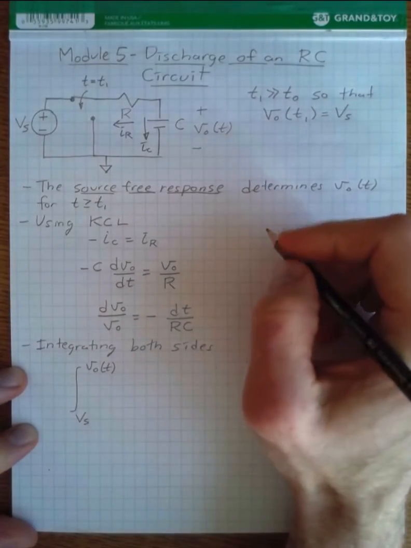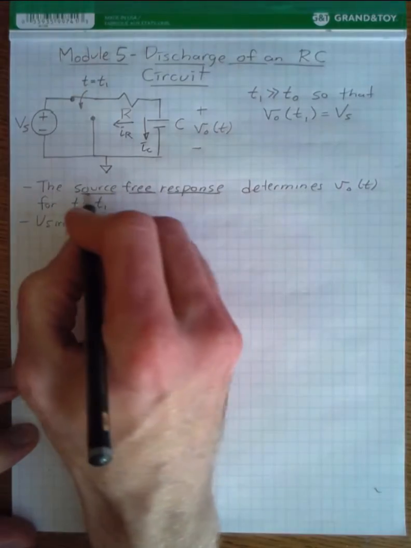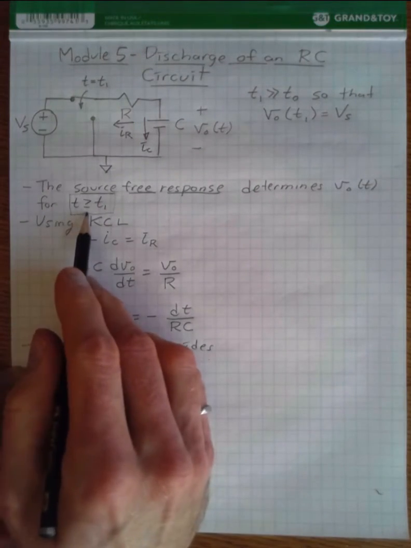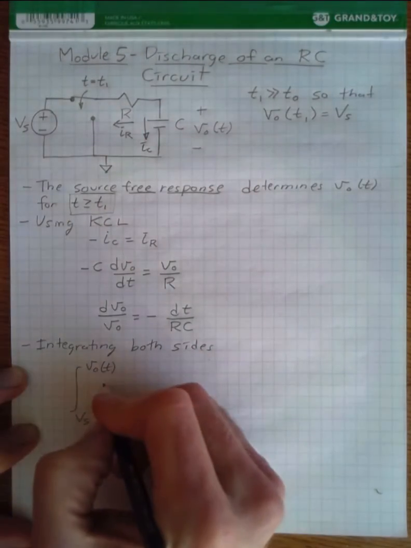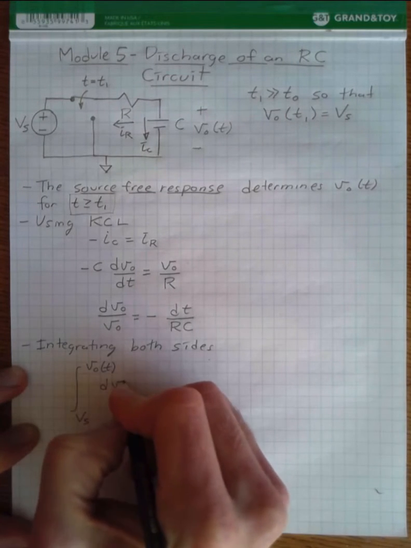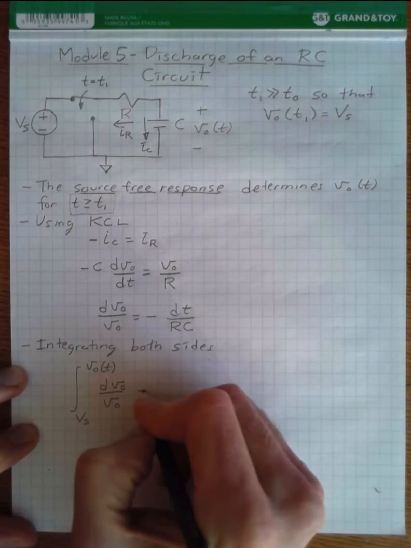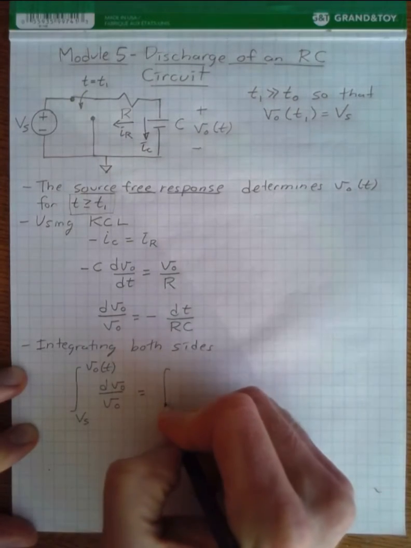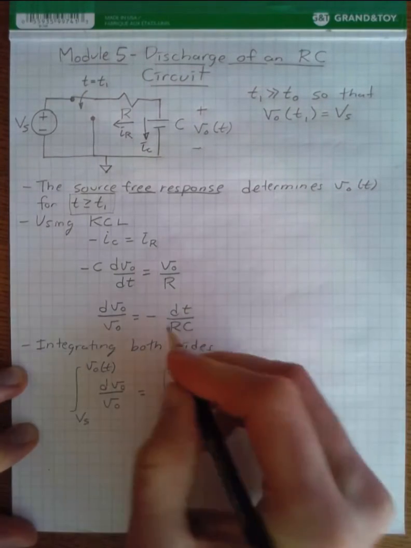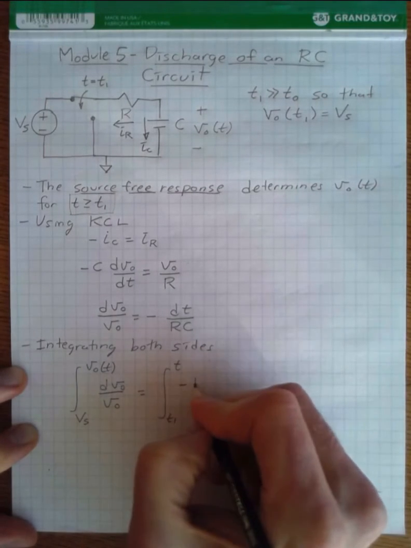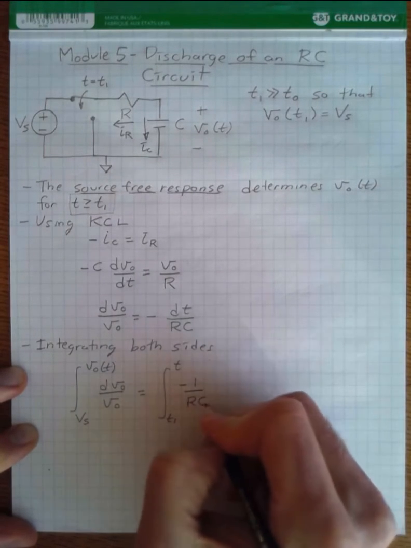Again, remembering that t is sometime greater than or equal to t1. So this equation is only valid for times greater than or equal to t1. dV0 over V0 is equal to the integral from our switching time to our current time t of minus 1 over RC.